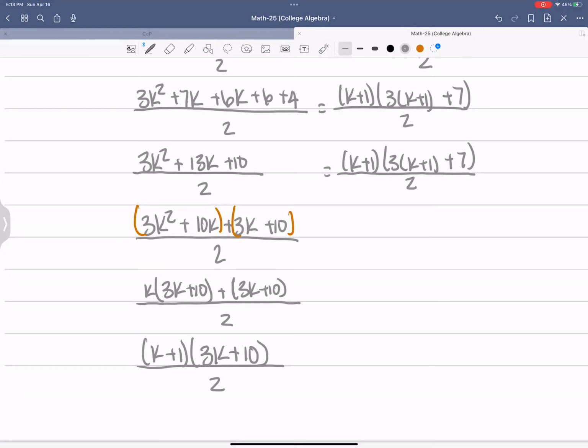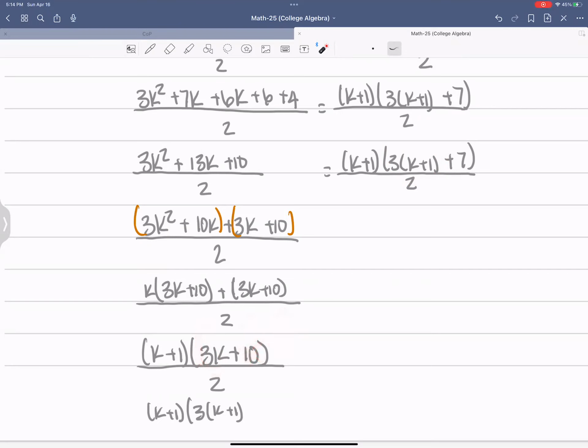And with one more step, let's get that 3 times k plus 1 there. So it looks like we took 3k out of here. So instead of 10, we could have made this like 3 plus 7 and factored from there.